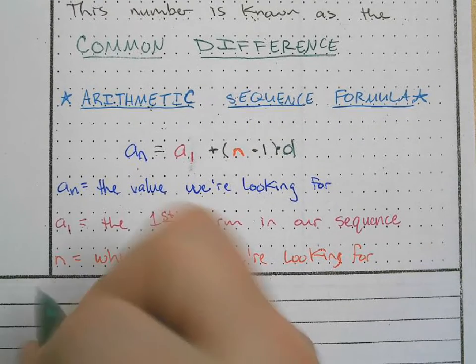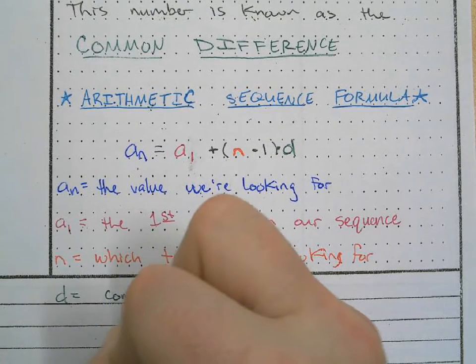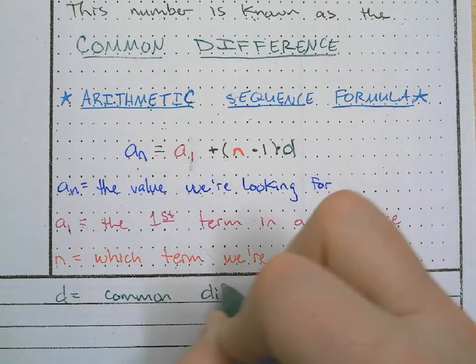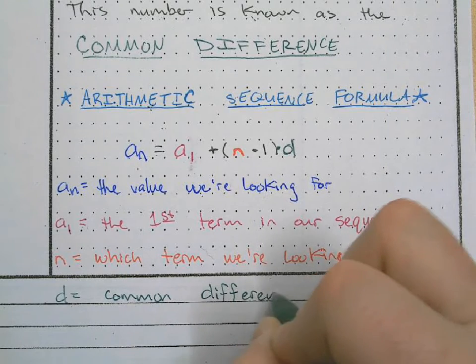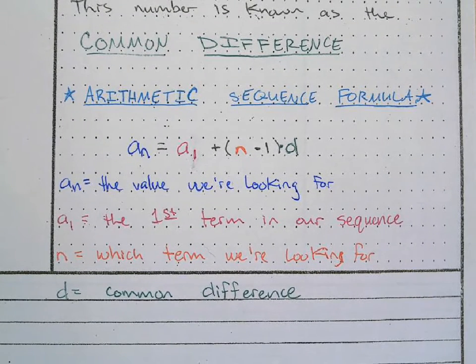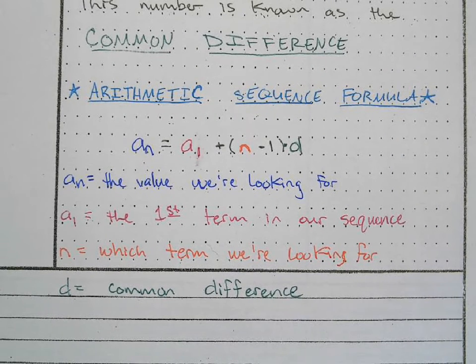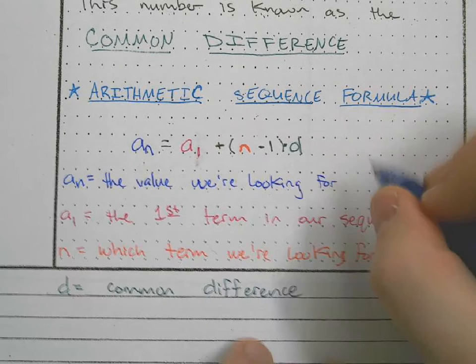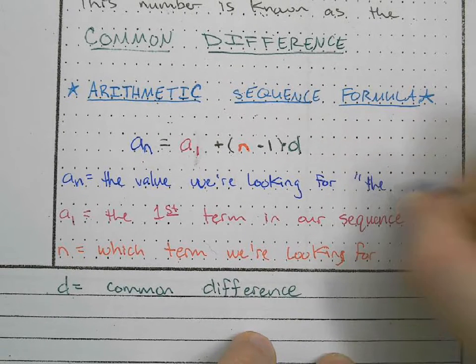And d stands for the common difference. We'll also refer to this a sub n as the nth term.